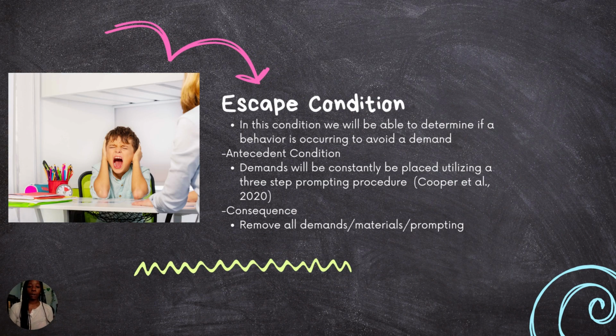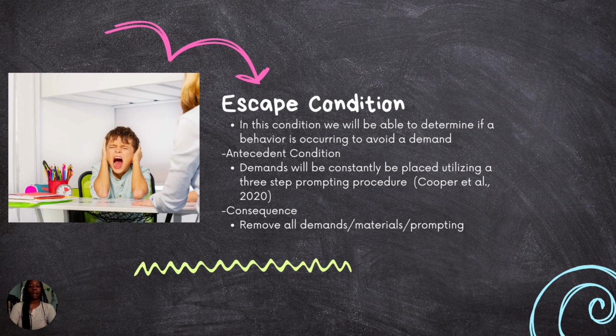Next, we are going to be talking about the escape condition, which is used to determine if the behavior is occurring to avoid a demand. So, anytime you place a demand on the learner and they display the target behavior, we know that it is likely that they are using the escape condition.